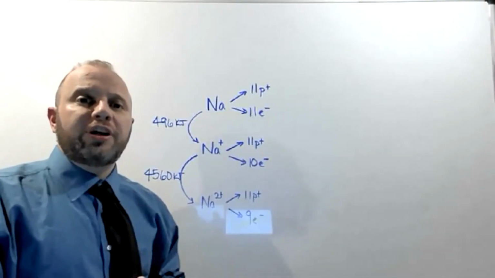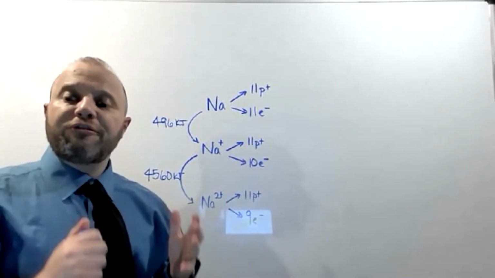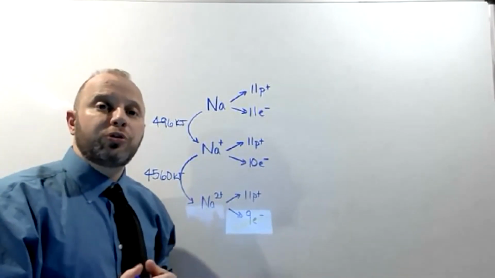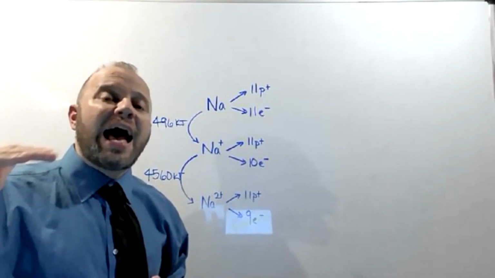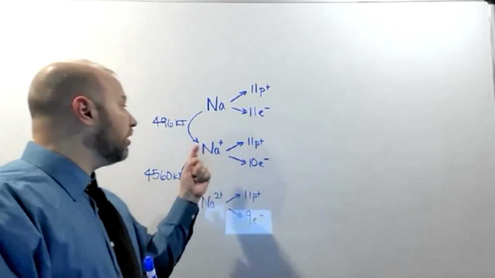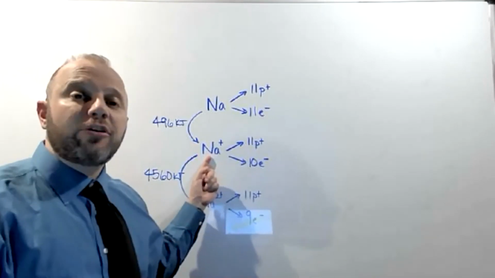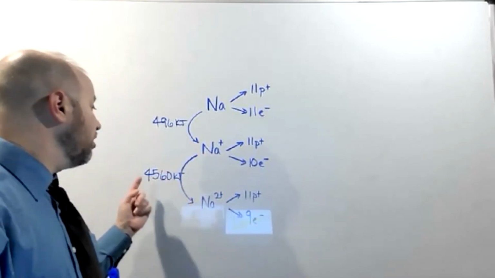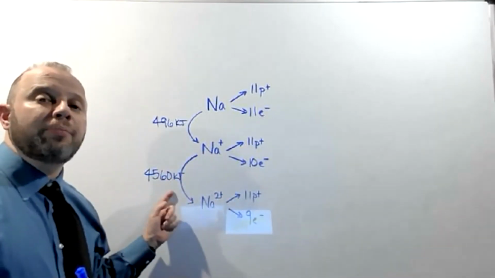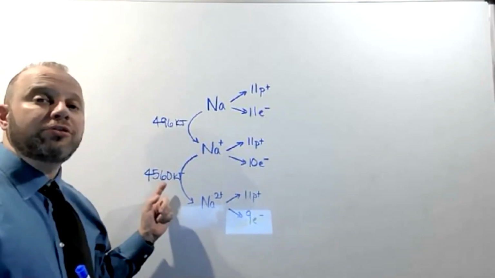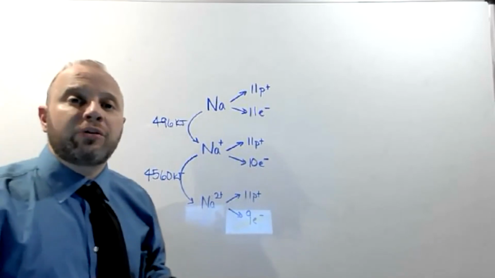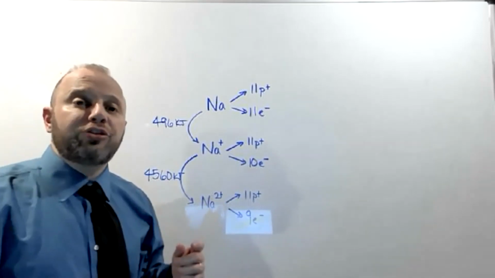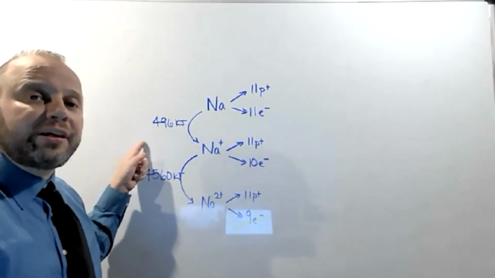If we look at sodium, you'll notice that it costs 496 kilojoules to remove the first electron, converting that sodium atom into a sodium plus ion. However, removing the second electron costs almost 10 times as much, 4,560. The reason is sodium has 1 valence electron, so that 1 electron can be removed fairly easily.